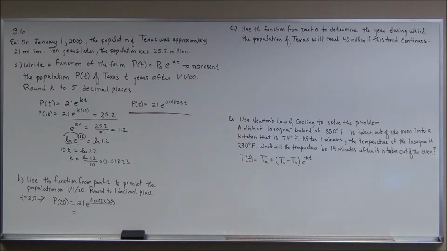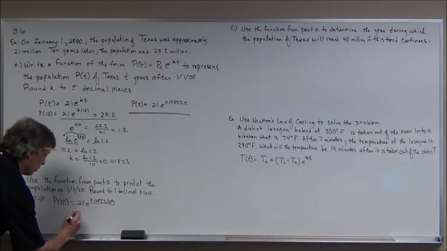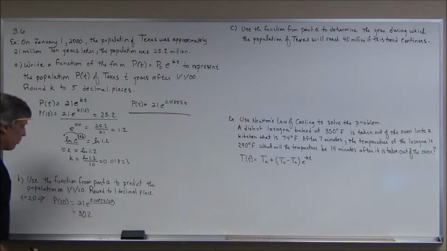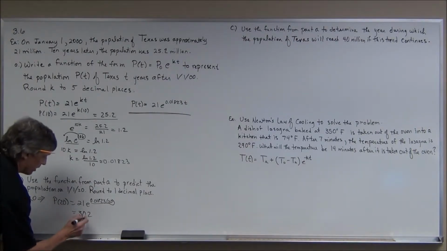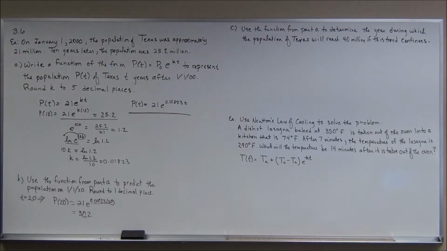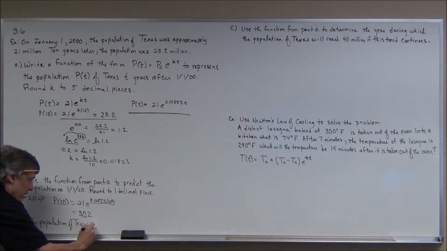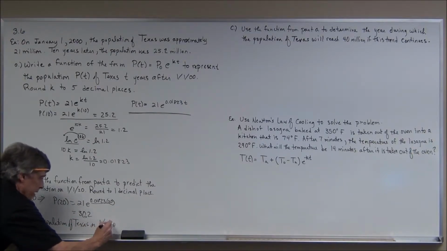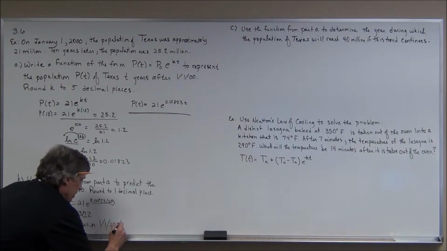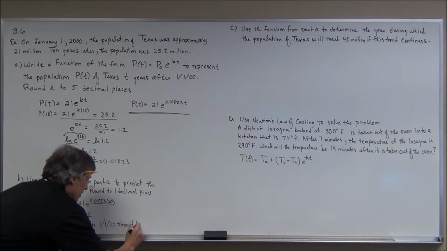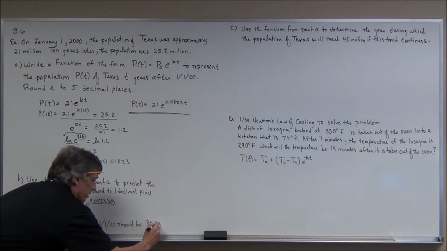And if I've done this right, and hopefully I have, I'm going to end up with 30.2 to 1 decimal place. There's a decimal point right there. So that means that the population of Texas on 1/1/20 should be 30.2 million.